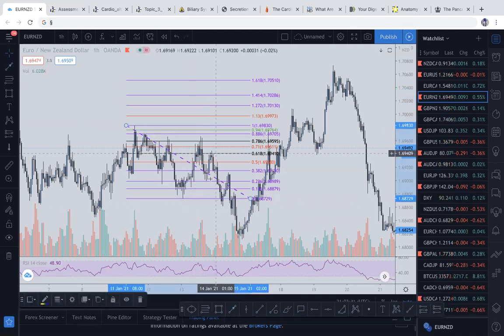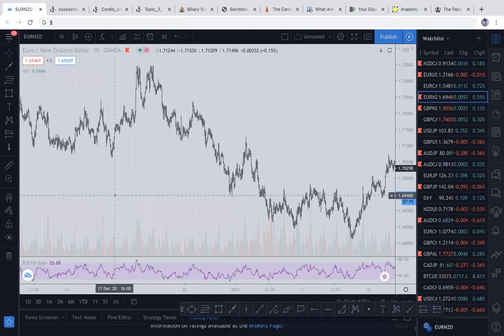Can you do one more example? All right, let's see where we can identify another butterfly.